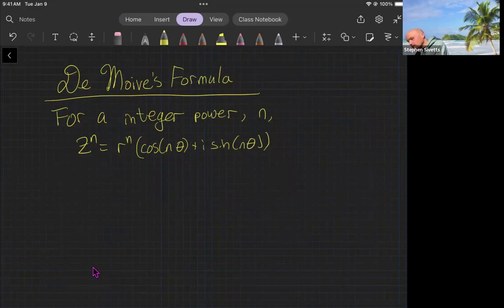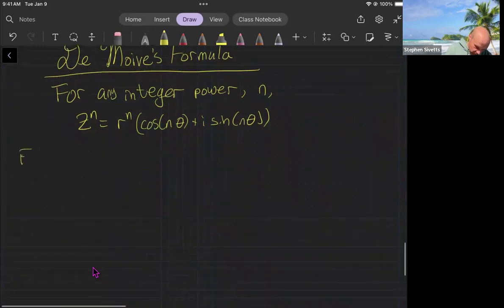Yeah, so this would hold for any integer power.